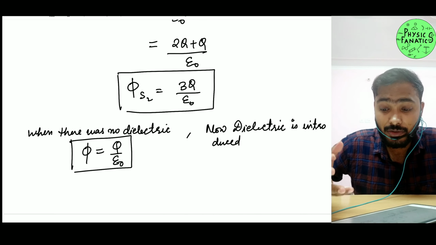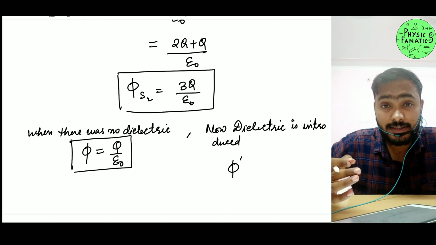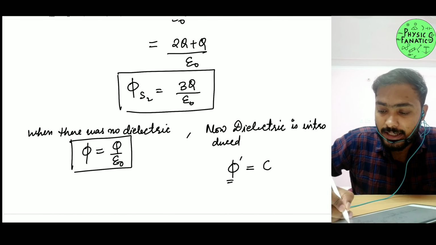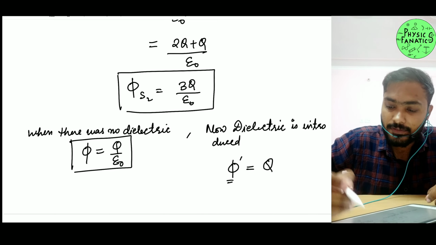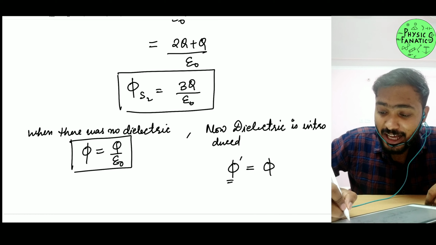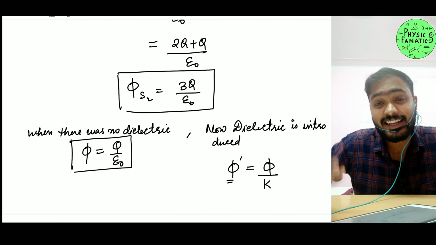Now how much is going to be reduced? This is something which you have to remember. Now you will have a new flux, that is phi dash. This phi dash will definitely be less than your original flux, right? It is less by the factor K, the dielectric constant.